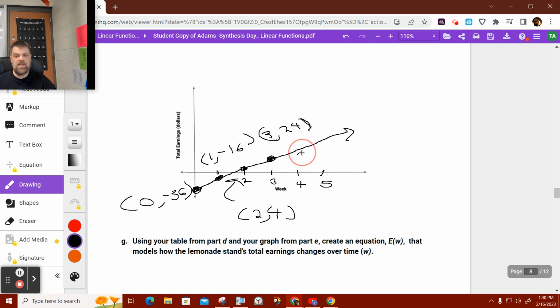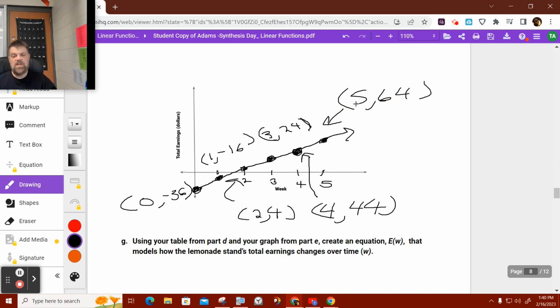This point right here is 4, comma, 44. And then this point right here would be 5, comma, 64. So nothing has changed there.